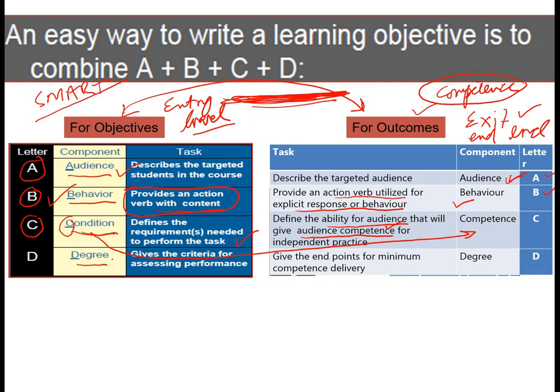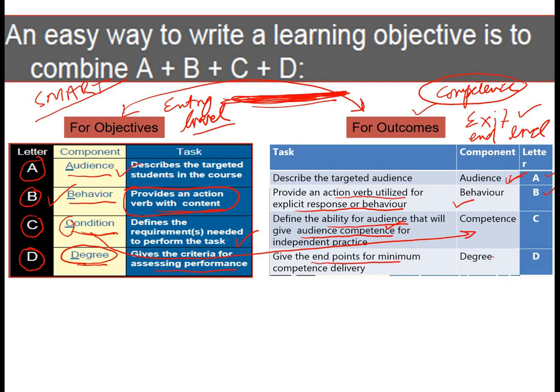Degree gives you the criteria for assessing the performance, meaning to which level you are going to let the student, the participant, gain knowledge. So this degree will determine the level of the knowledge and give the endpoints.